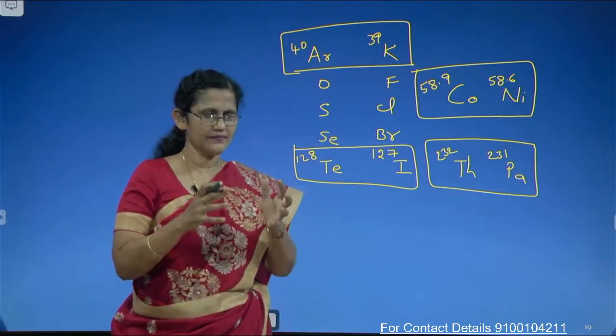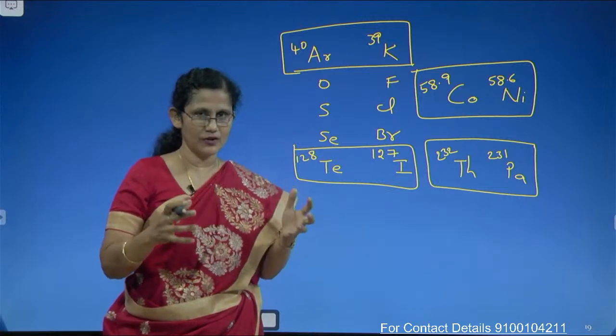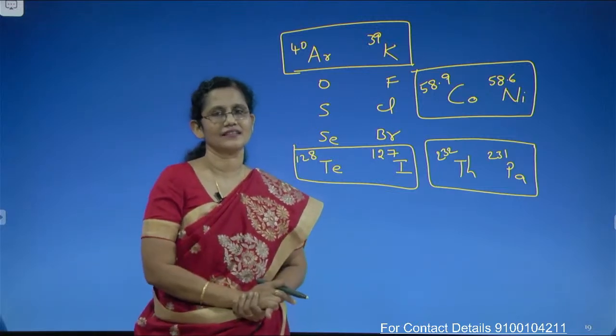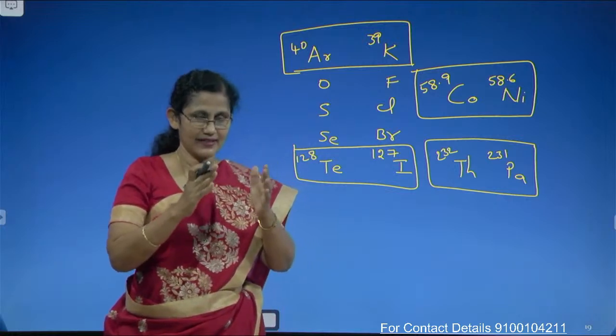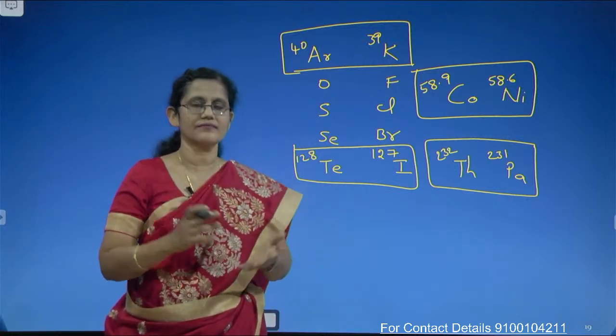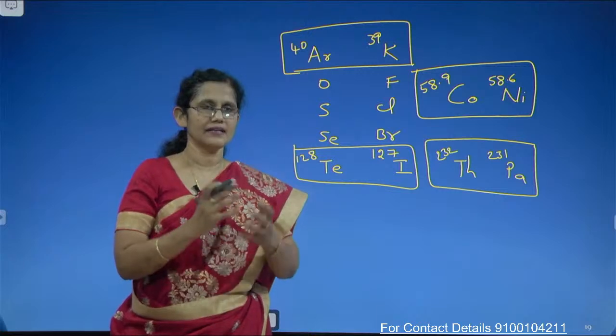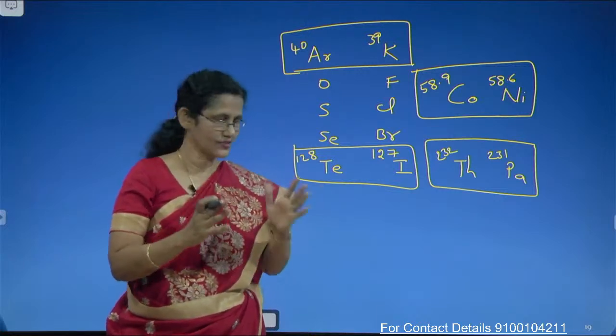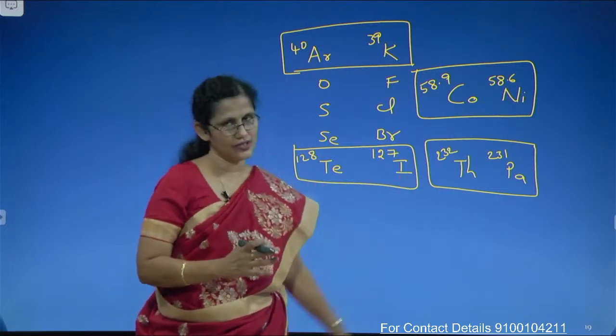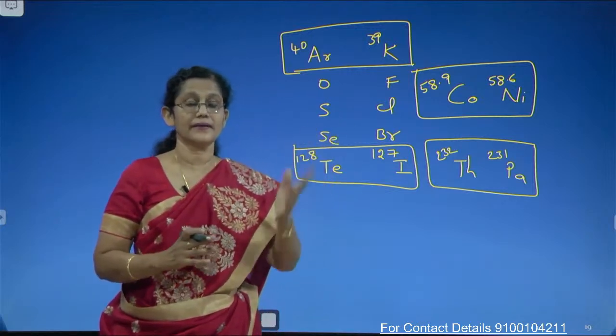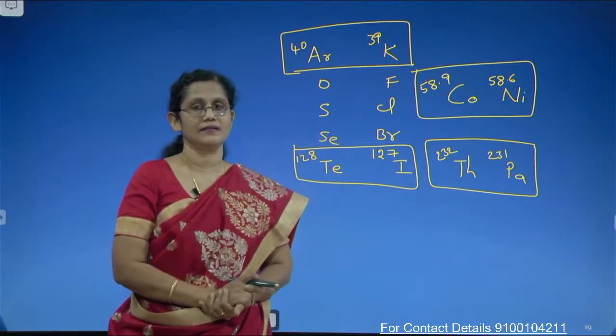So, the main features of Mendeleev's periodic table we are discussing. At certain places, when arranged in the increasing order of atomic weight, Mendeleev observed instead of increase, there is a decrease in atomic weight. What are inverted pairs in Mendeleev's periodic table?